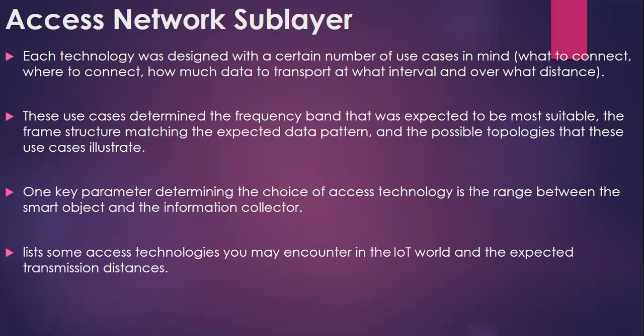Each technology was designed with a certain number of use cases in mind: what to connect, where to connect, how much data to transport, at what interval, and over what distance.